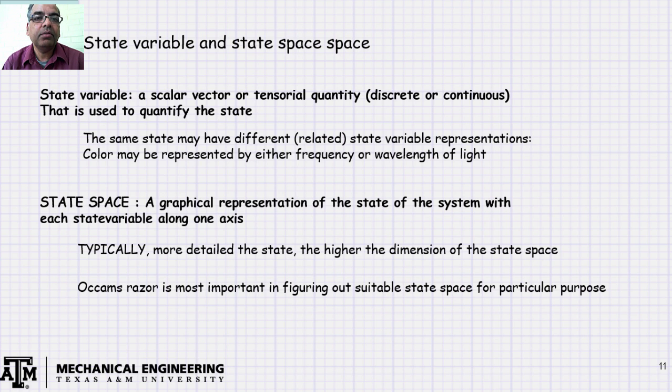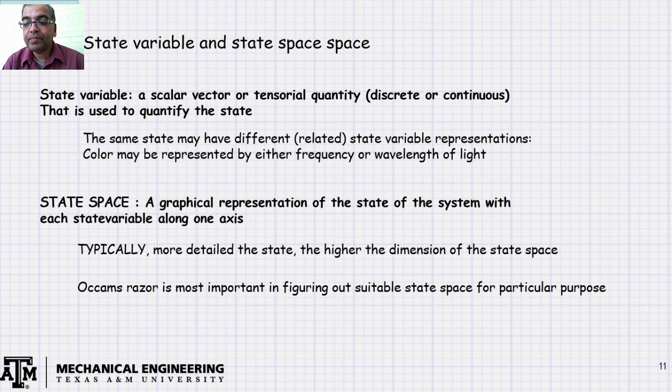So for example, if you have a gas and you decide to do it at a macro level, and you have volume, temperature, pressure, so you have three state variables, and so it will be a dot in a three-dimensional space. One axis being temperature, one axis being volume, another axis being pressure.